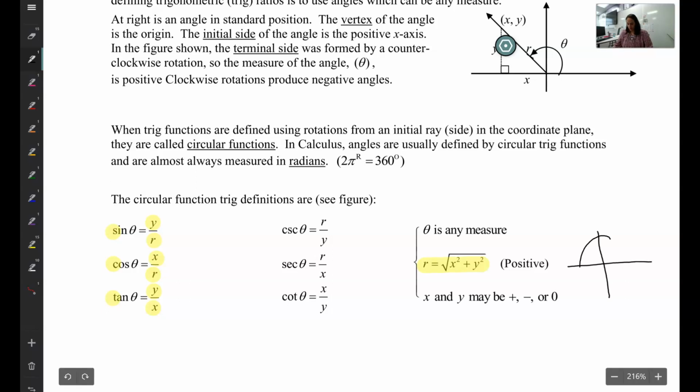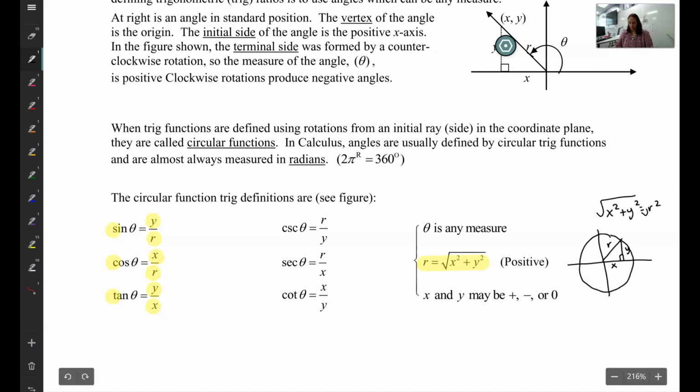So if I have a circle here, and I have my r, my radius, if I draw this down, this is x and y, that is just the Pythagorean theorem. x squared plus y squared equals r squared. a squared plus b squared equals c squared. And then you solve for r, so r equals the square root of x squared plus y squared. That's where that comes from, just the Pythagorean theorem.